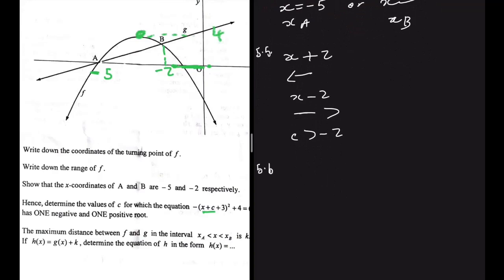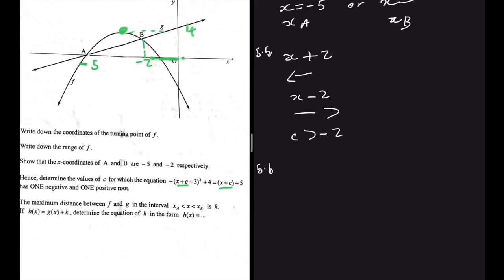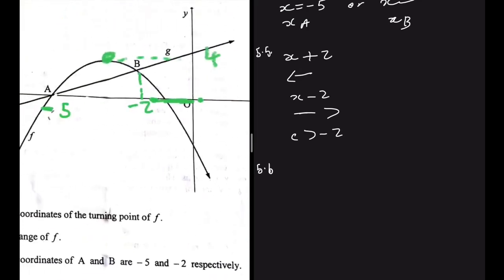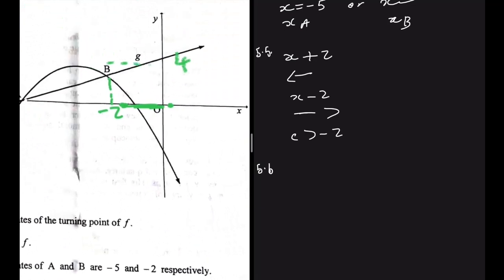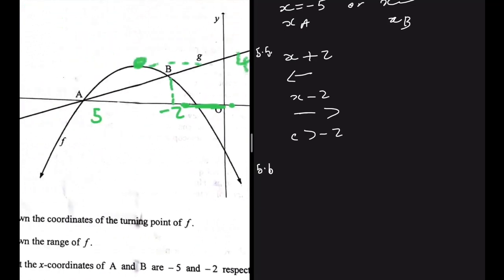5.6 is saying that the maximum distance between f and g in the interval x of a and x of b. So in this interval, let me just erase this so that we can have a bit of clarity.